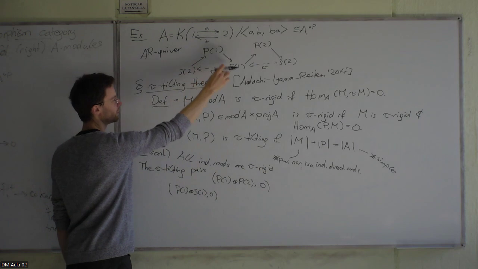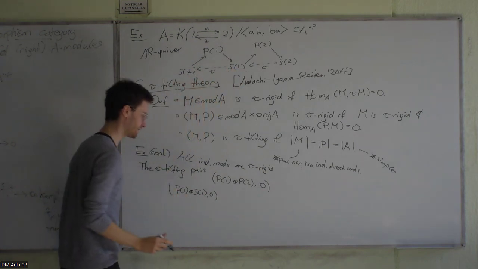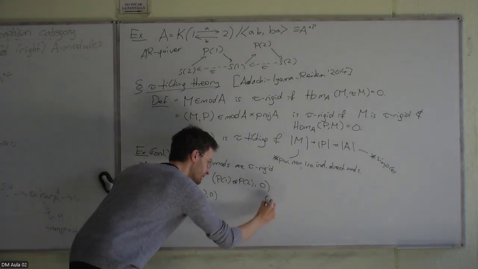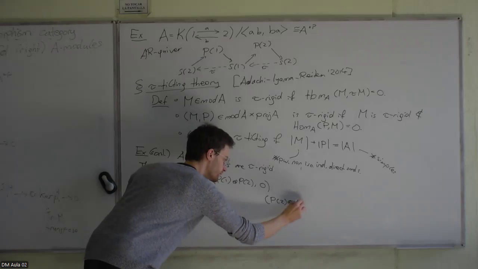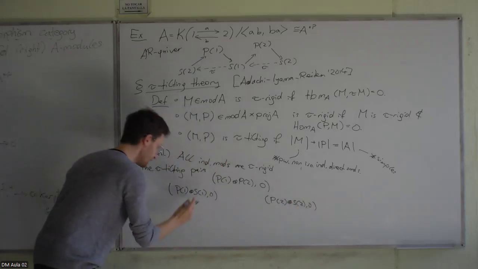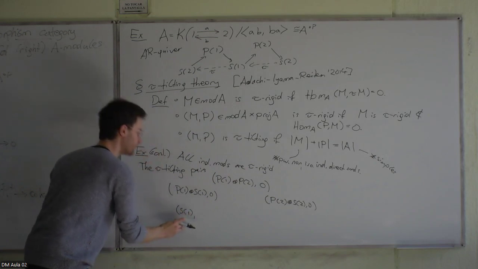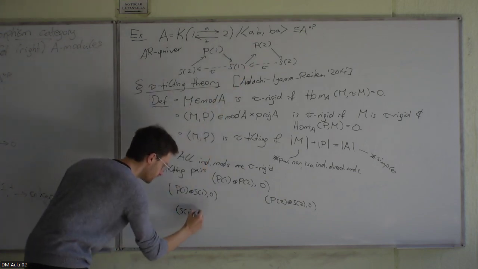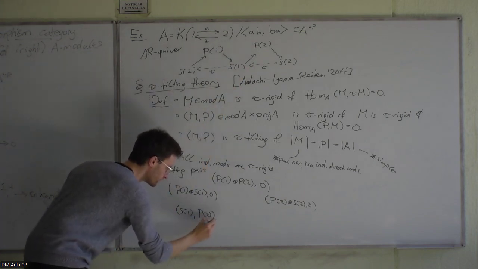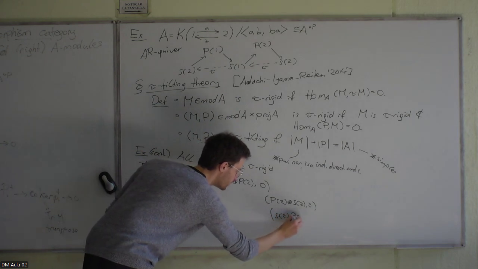But since P1 and S1 both don't have any maps to S2, this means that it's tau rigid. Kind of symmetrically on the other side, we have P2 plus S2. And then we have S1, and now we look for some projective that doesn't map to S1, which in this case would be P2. Here we have S2 plus P1.